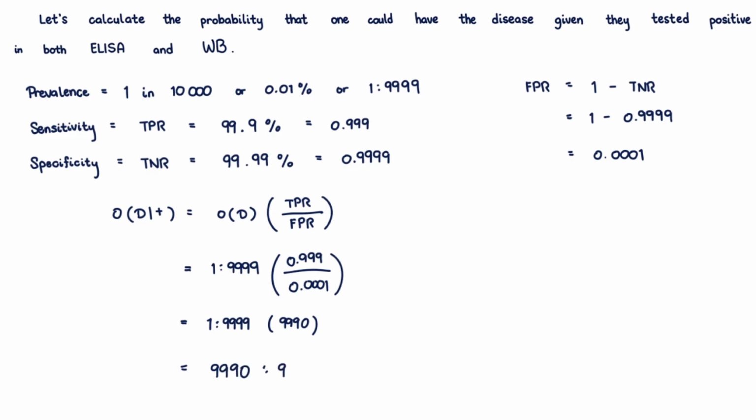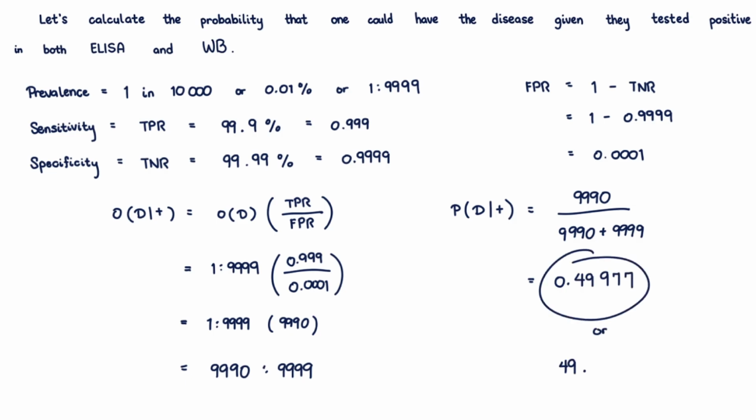9,990 is to 9,999. I mean, you could look at this and see that, oh, okay, it's very close to 50-50. Converting that into probability, our probability of having the disease given a positive test result is 9,990 over 9,990 plus 9,999, or 0.49977, or 49.977%.